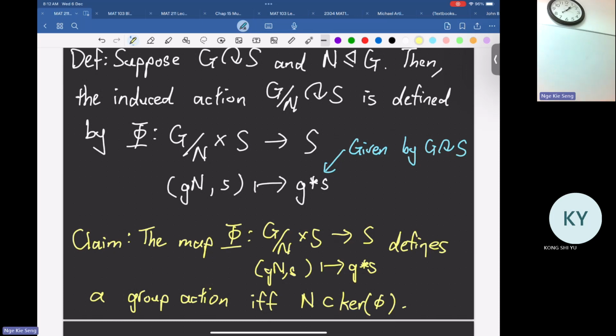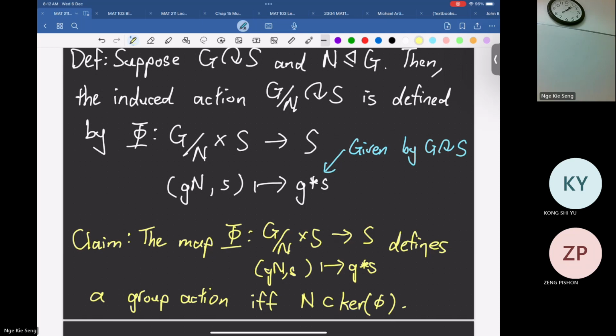And then if we define a faithful group action, then the kernel of phi is inside N. So this is the second thing you need to show for this question.